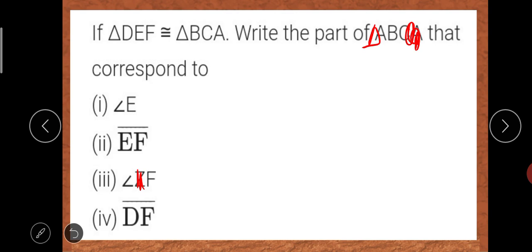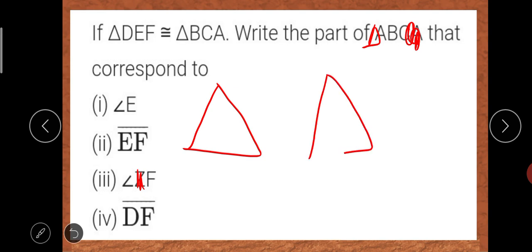So again here we are going to draw the triangles. Okay, first word given here is DEF, so this will be D, E and F. Second word given here is BCA, so here it is B, C and A.